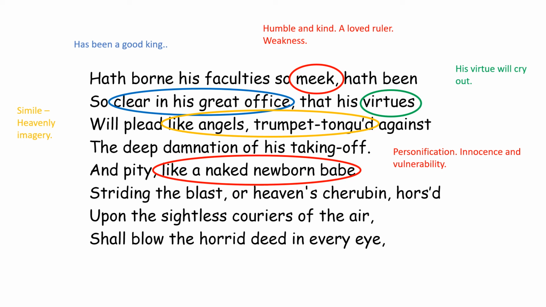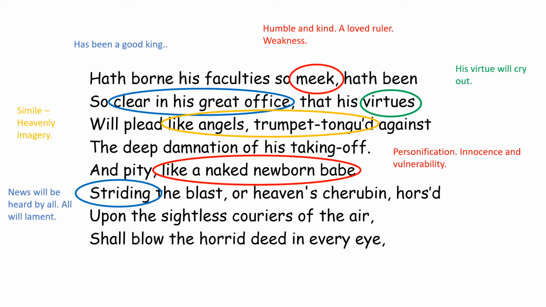The next part it says, "and pity like a naked newborn babe." We've got the personification here of pity as a newborn child. And that image of innocence and vulnerability is once again conjured. And this babe would be "striding the blast." So when something bad happens to this king, pity itself will go out and tell everybody what has happened.